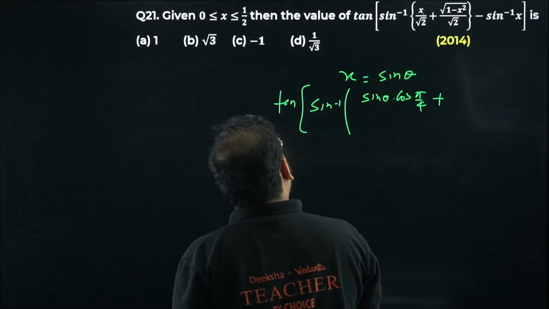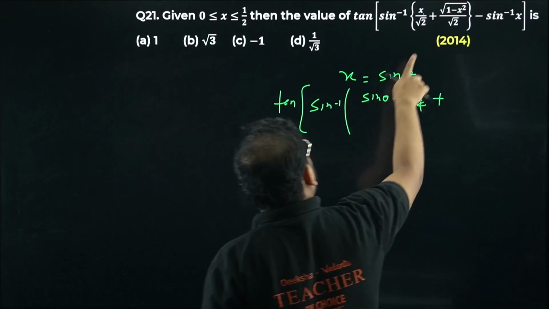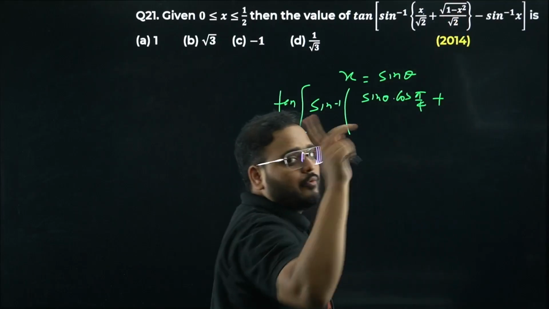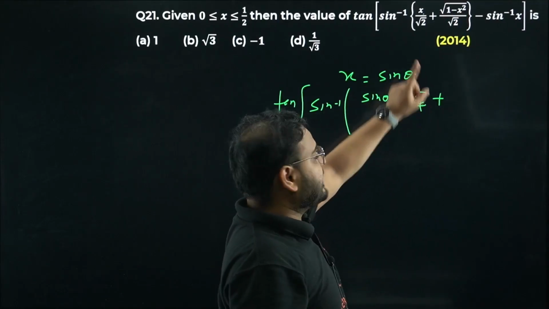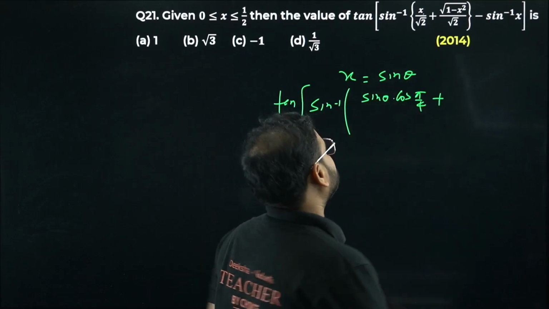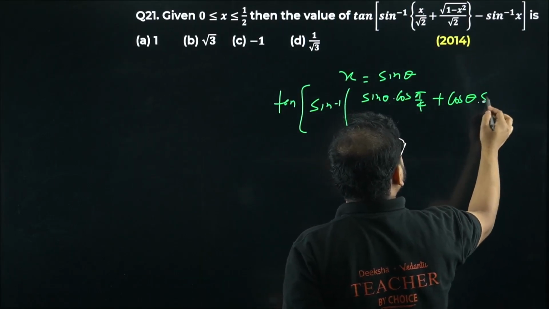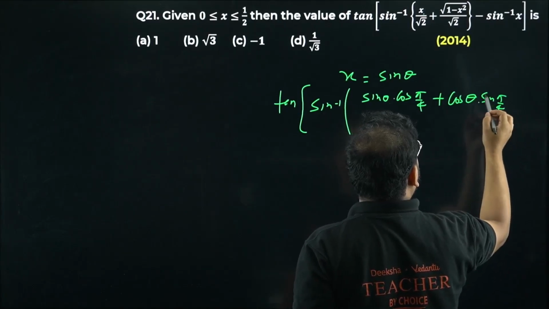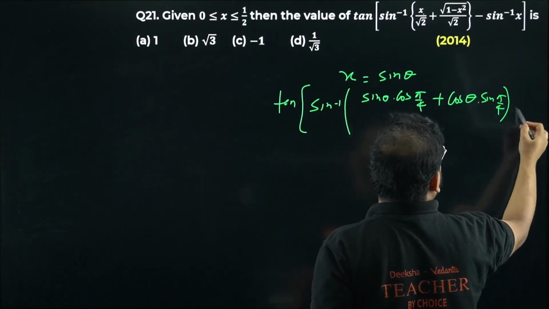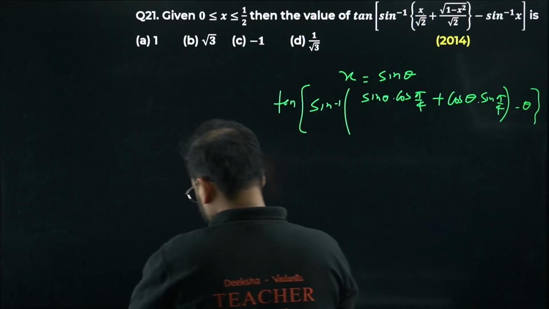Same way, if x is sine theta, then 1 minus x square will become cos square. Take the root, it will become cos theta. So you have over here cos theta, and 1 by root 2 will become sin pi by 4. Close the bracket. Of course you have theta only over here. Please check.